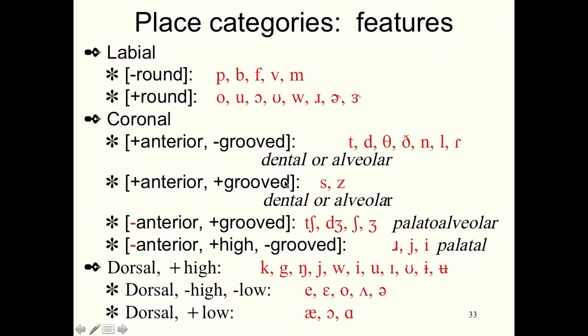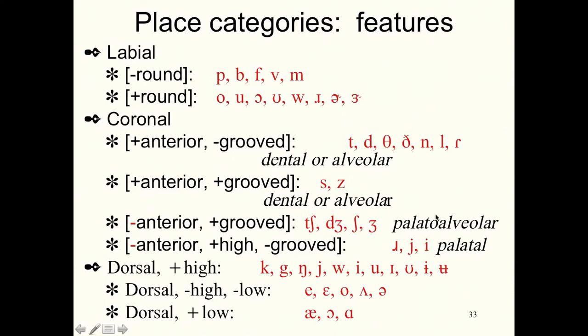So in s and z, there's a grooving in order to get high airflow, which leads to a very loud fricative. It was mentioned in the tutorial on transcription that s and sh are very high amplitude fricatives, as opposed to something like th, which is much lower in amplitude.